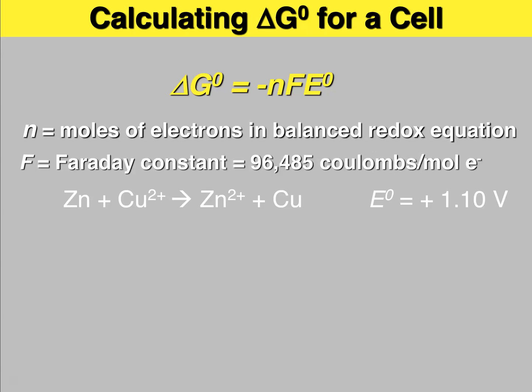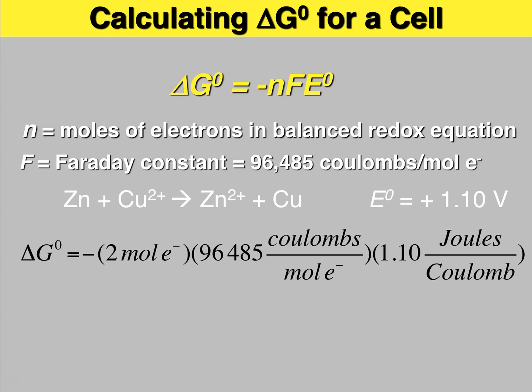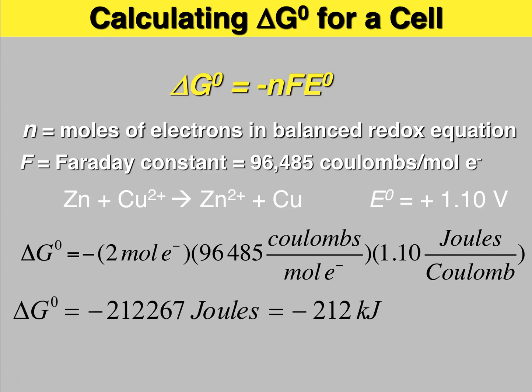Faraday's constant, again, 96,500 on your equation sheet. You plug everything in. It's a 2 mole difference of electrons. Multiply it all out, and you get your delta G value, which again should be negative, and you could then figure out the equilibrium constant if you wanted. Questions on this simple calculation?